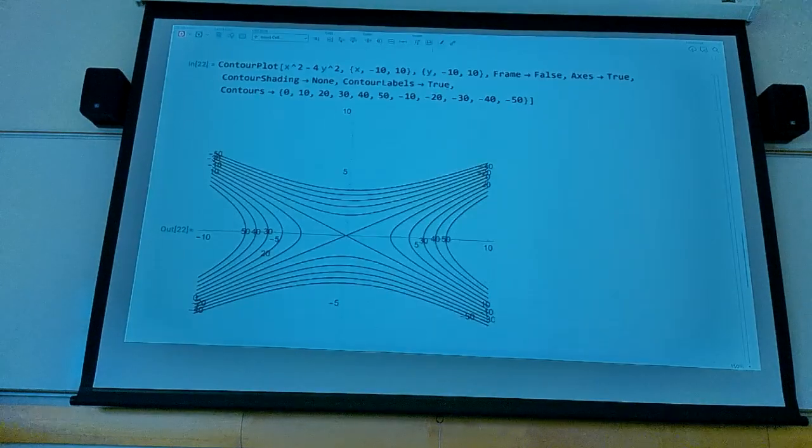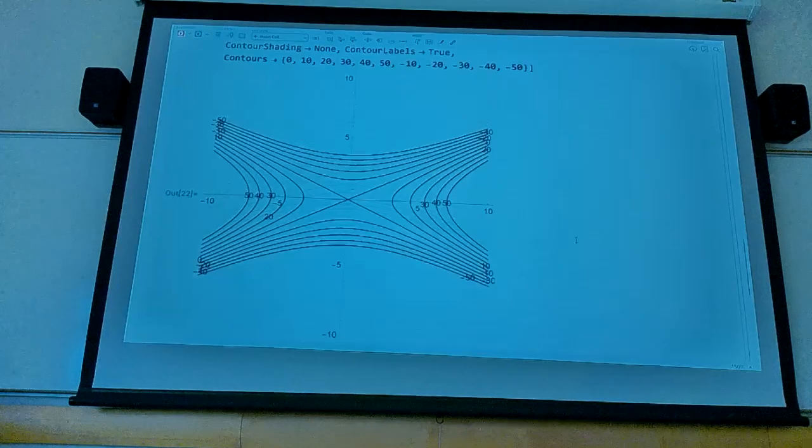There we go. All right, so that just the x would be 0. All of your positive c's, hyperbolas along the x-axis. All of your negative c's are hyperbolas along the y-axis. That's a really cool looking shape.